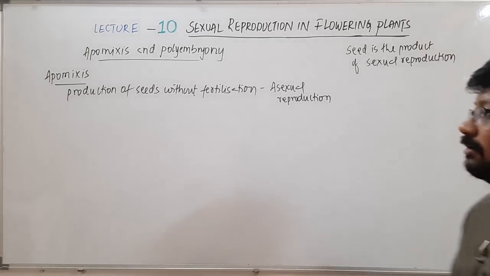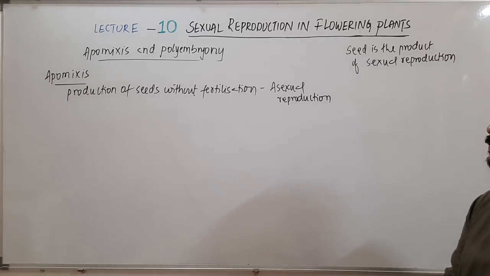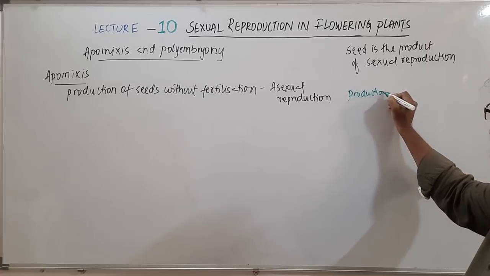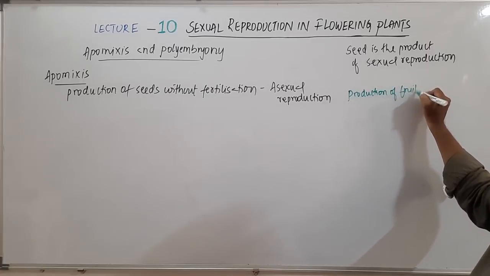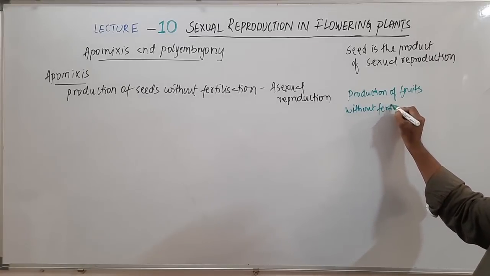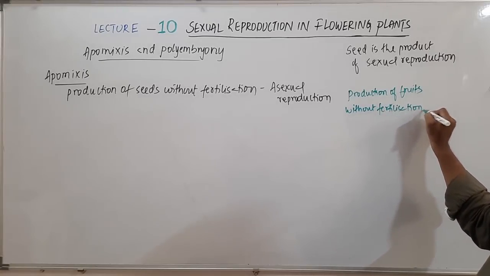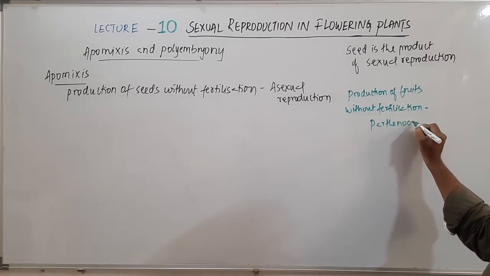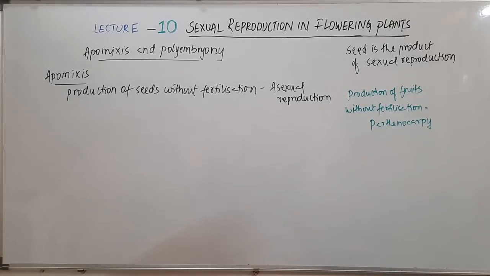One more point we have studied is the production of fruits without fertilization. This process is called parthenocarpy, and the fruits obtained are called parthenocarpic fruits.